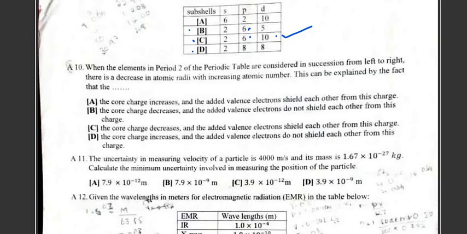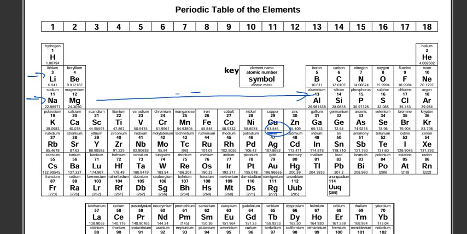This can be explained by the fact that there is a steady decrease in the atomic radii. We're going to see the atomic radii behaving this way as atomic number increases from left to right, because the rings are supposed to be increasing, since there is an increase by 1 electron. So you're seeing 13, 14, 15.